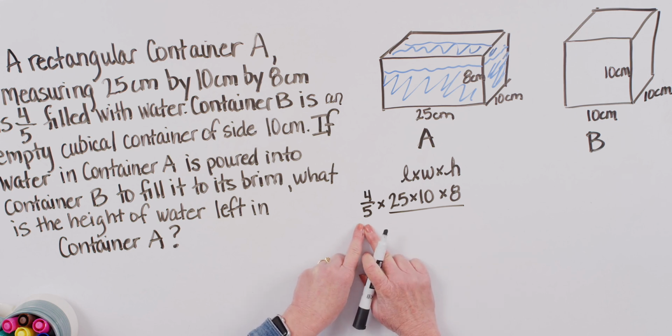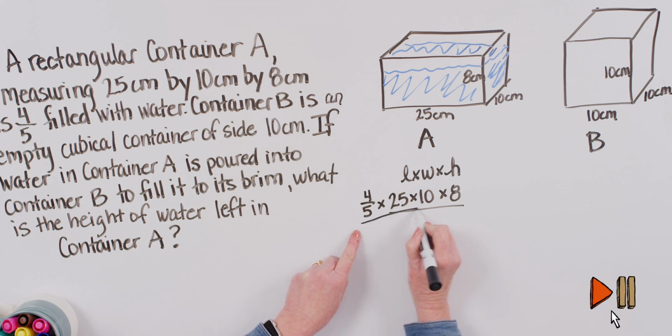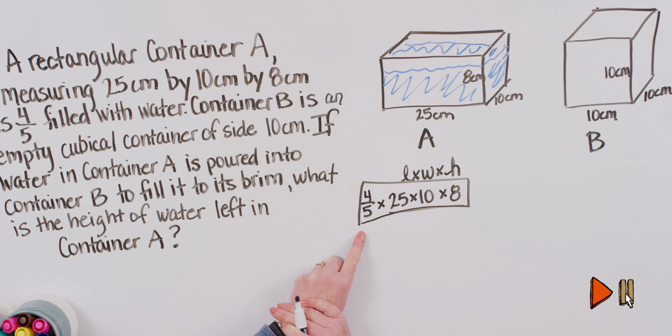So I need to multiply it by 4/5 to just get the volume of the water. Now I want you to pause the video and I want you to work out this entire expression right here. Okay, 4/5 times 25 times 10 times 8. And there are so many different ways you can move these numbers around to maybe make it easier for you.